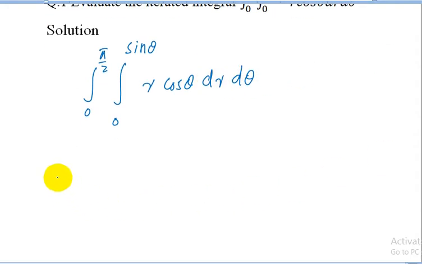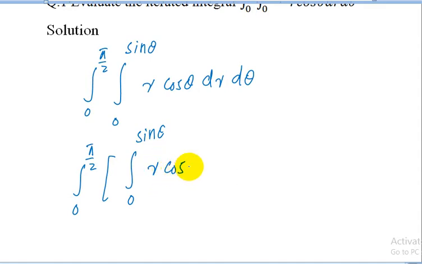Now we first integrate with respect to r.